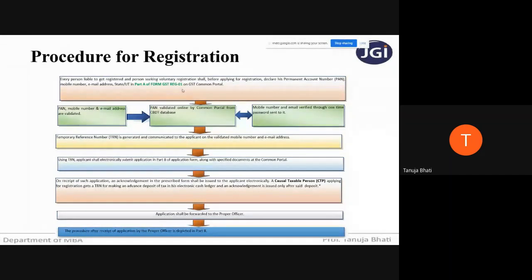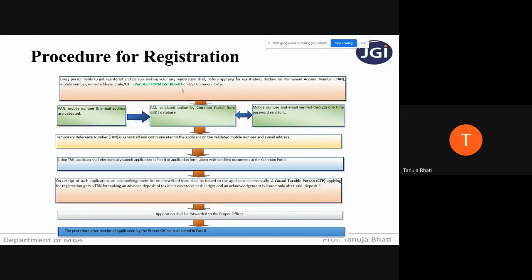So just remember, if anyone wants to make voluntary registration or wants to get registered under GST, he should first declare his PAN number, mobile number, email address in Part A of Form GST REG01 on the GST Common Portal. Once he does that, the system will validate the PAN number, mobile number, and email address.